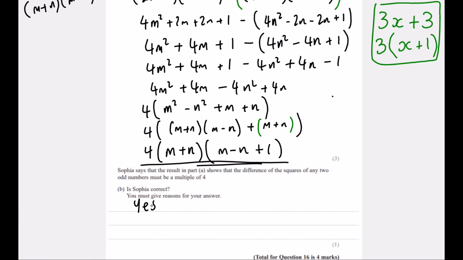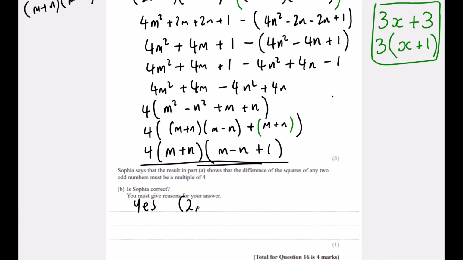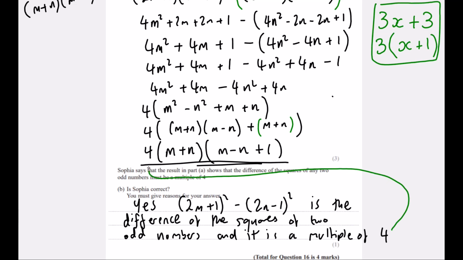So yes, because 2m plus 1 squared minus 2n minus 1 squared is the difference of the squares of two odd numbers, and it is a multiple of 4 because we have factorized 4 out of it.